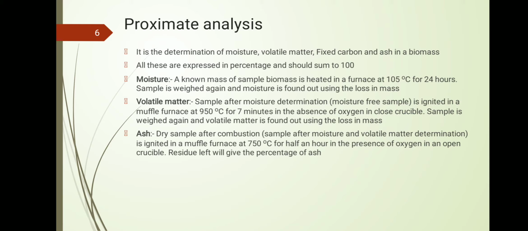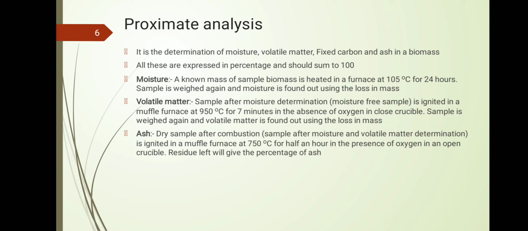Here we are burning the biomass. Combustion takes place in the presence of oxygen in an open crucible. The biomass will be converted into gas, and the residue left will be ash, and by weighing that mass we can determine the ash percentage.